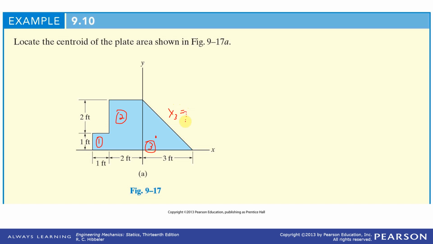X3 is equal to 1 foot. Y3 equals 1. X2 equals negative 1 foot. That's just 3 feet. So Y2 would be 1.5 feet.